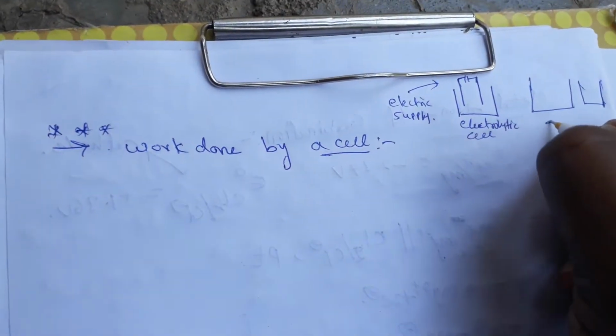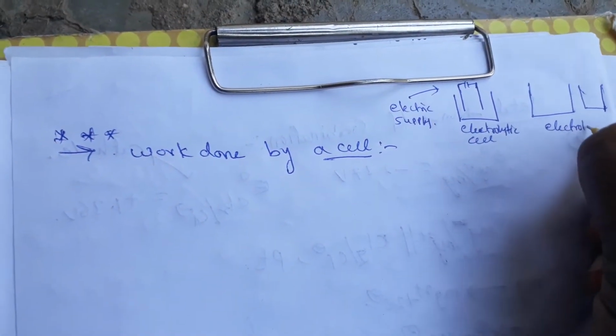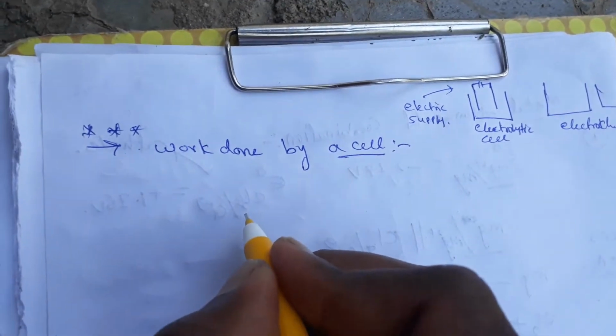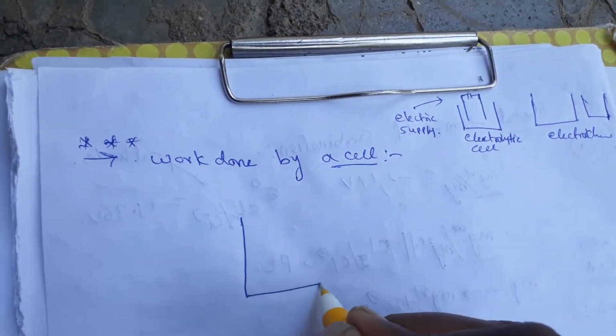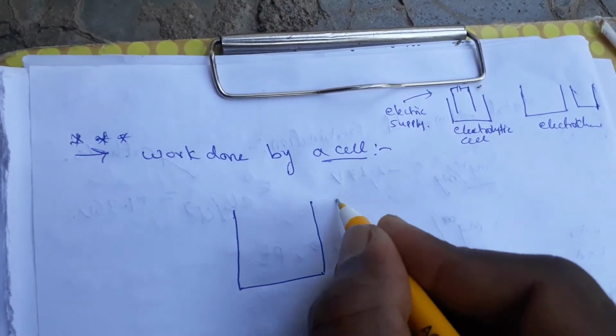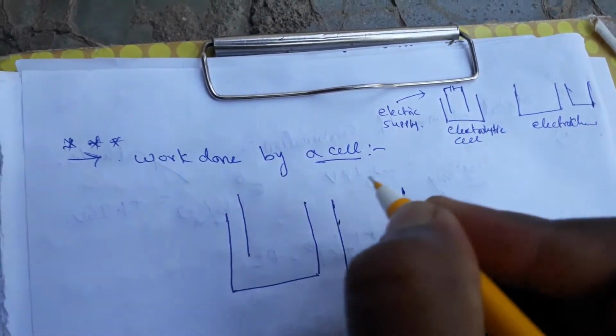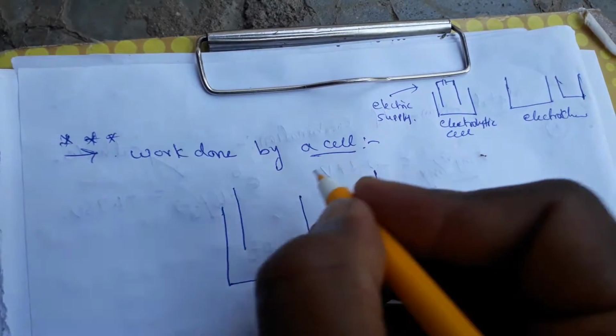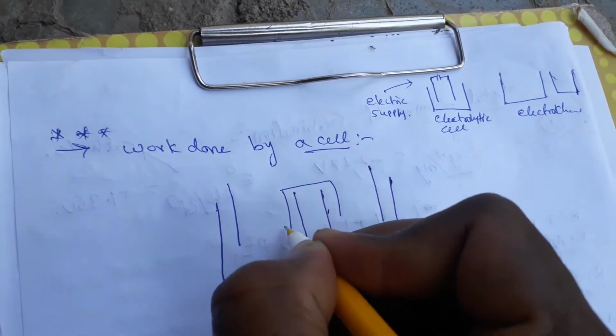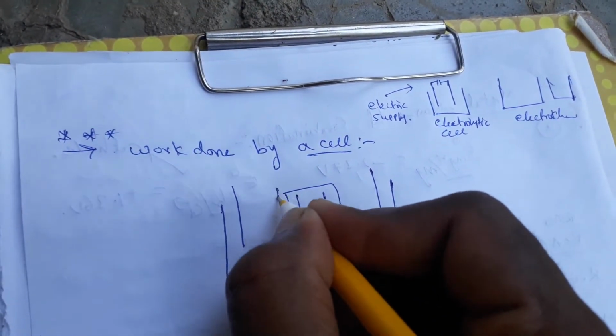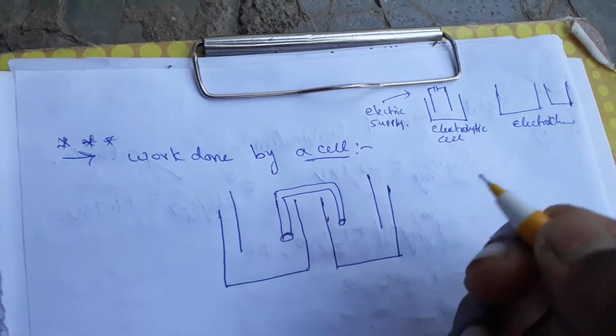But in an electrochemical cell, I am writing here. In this electrochemical cell, you are doing nothing. First you insert two electrode rods, and there is a salt bridge between the two beakers.